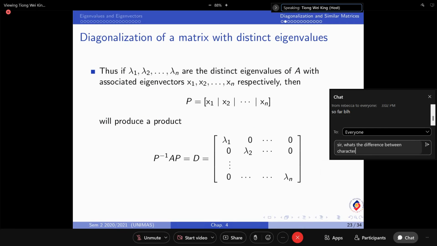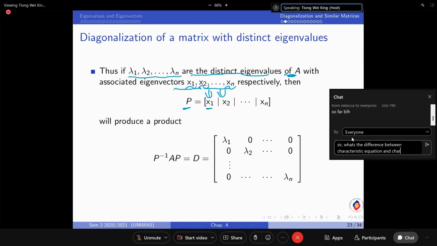So for any matrix A, if you have distinct eigenvalues lambda 1, lambda 2, until lambda n, with the eigenvectors x1, x2 until xn, again these are vectors, then the matrix P is formed by combining the eigenvectors x1, x2.